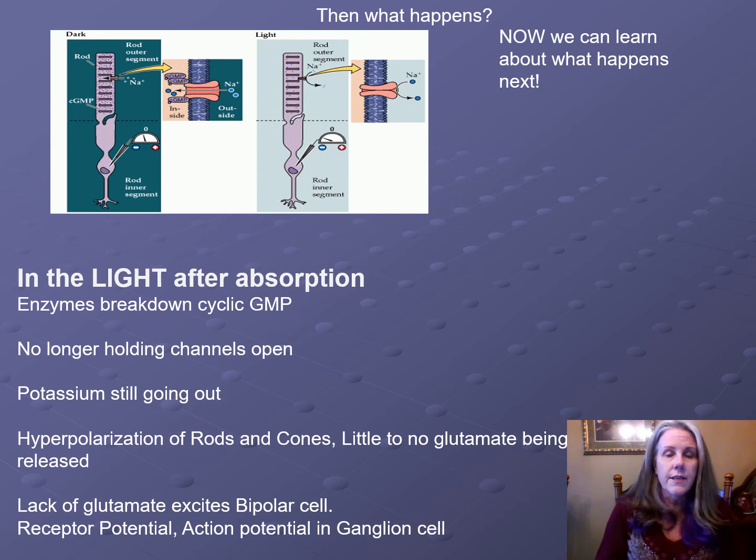What it does is it excites the bipolar cell. Here's where it gets a little weird. So the lack of the glutamate in the synapse is going to activate the bipolar cells. It excites the bipolar cells, and it causes the bipolar cell to have a receptor potential. Okay? So now we have a receptor potential in the bipolar cell.